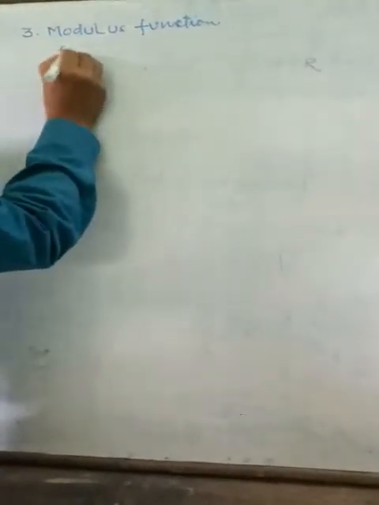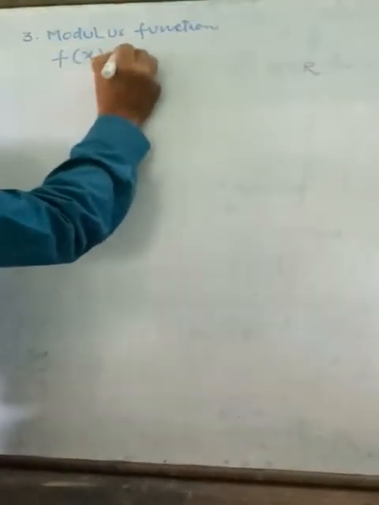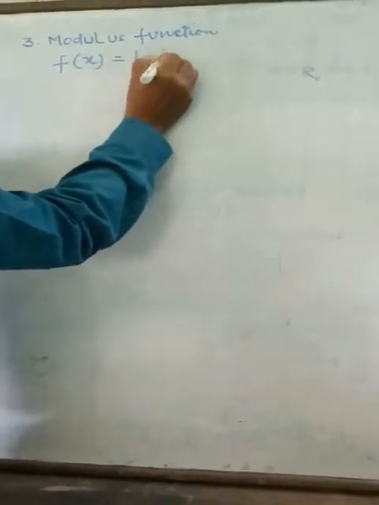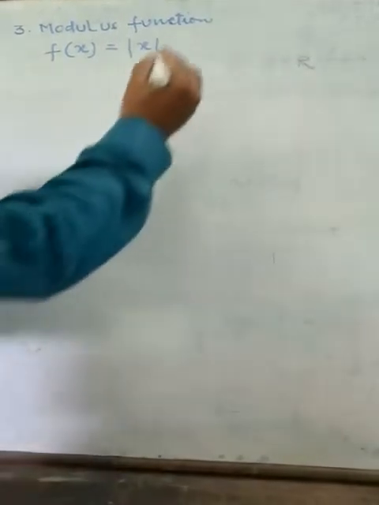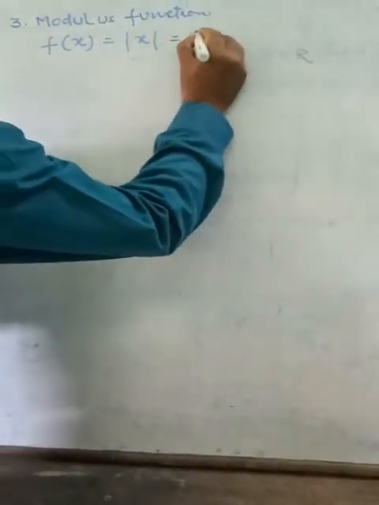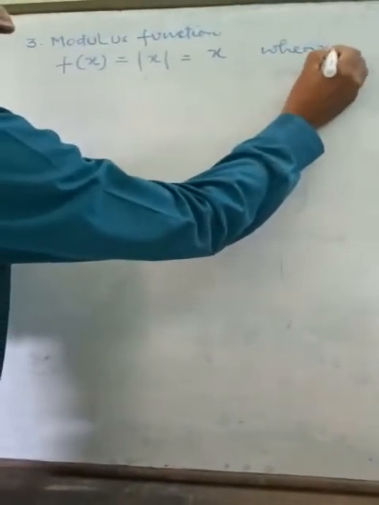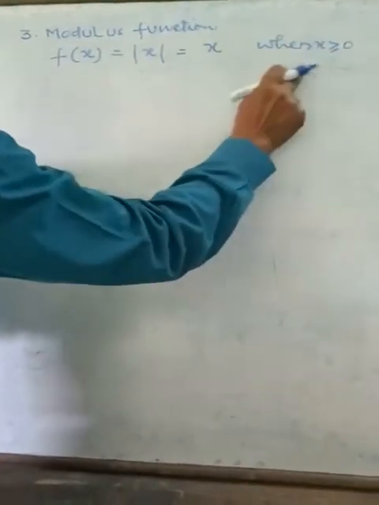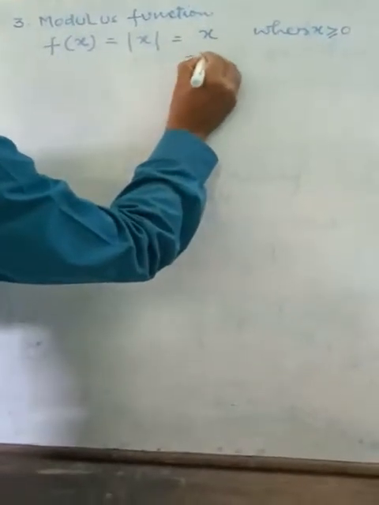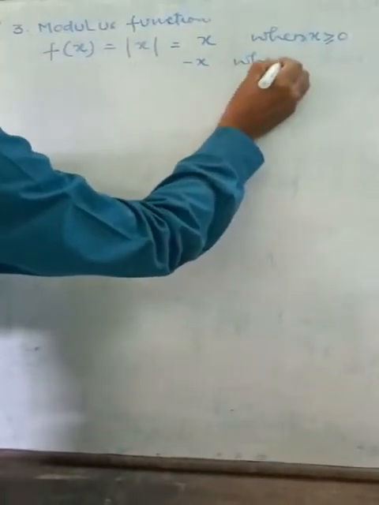Such function is called modulus function, and you already know what it means. It means this would be x when x is greater than or equal to 0, and it is minus x when x is less than 0. That function is called modulus function.